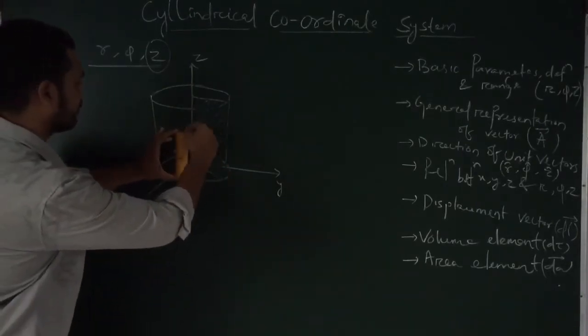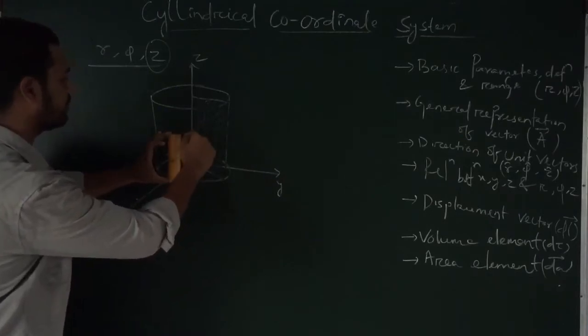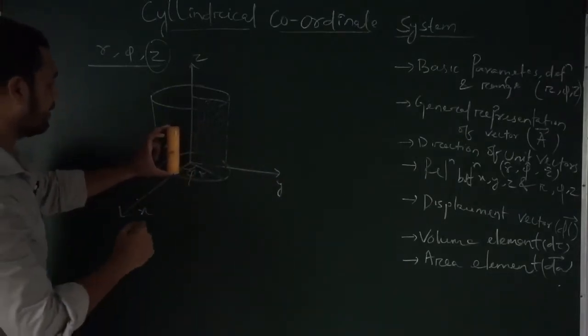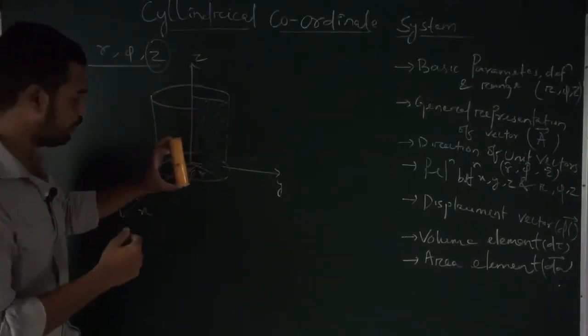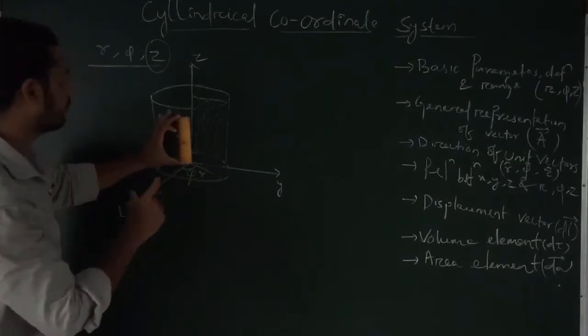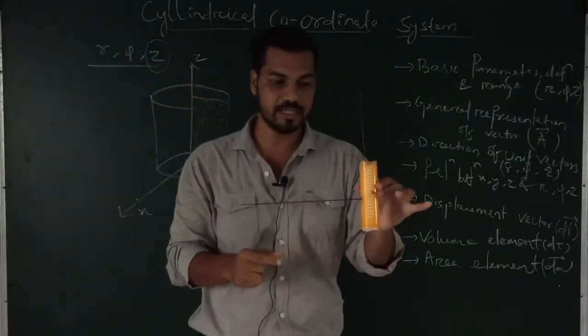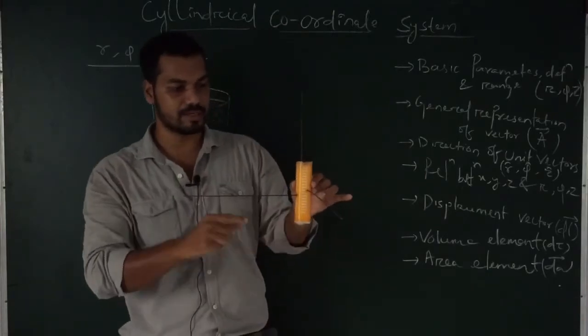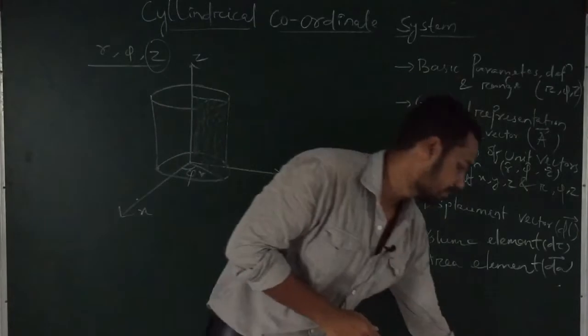This distance from the z axis up to this will be the radius component, and the phi and z are similar to the figure which I have already explained. So this is the representation of a cylindrical coordinate system compared with the Cartesian coordinate system.